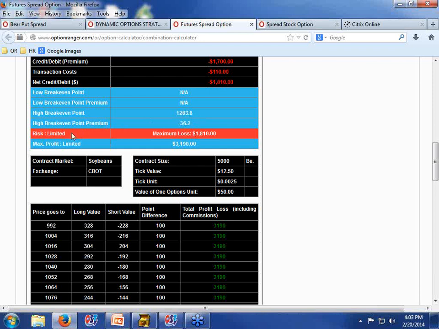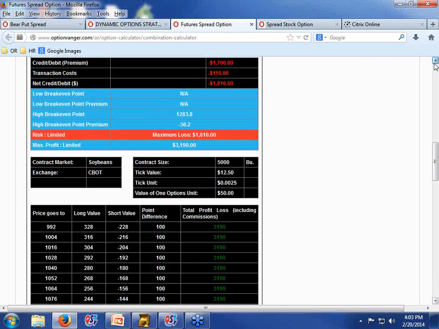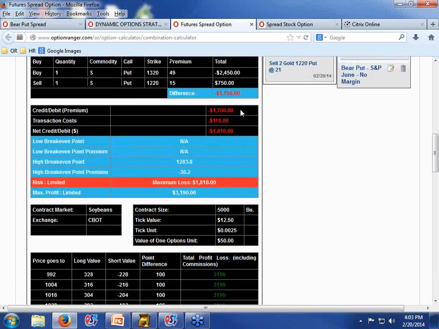Your maximum loss, again, is limited. Your maximum loss on this trade would be limited to $18.10, which would be the total cost paid for the trade. The maximum profit is also limited to the amount of the spread minus the costs. So the profit is the difference between the two strike prices, and then you have to also factor in that you do have to pay your costs before you're making profits.